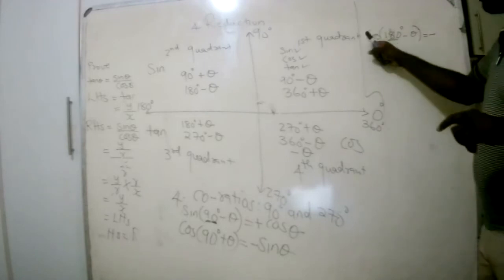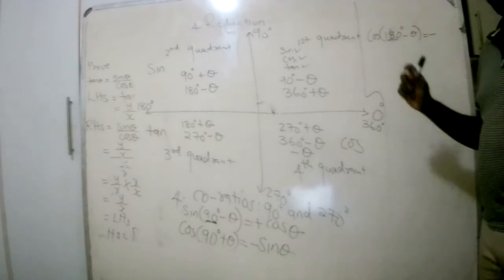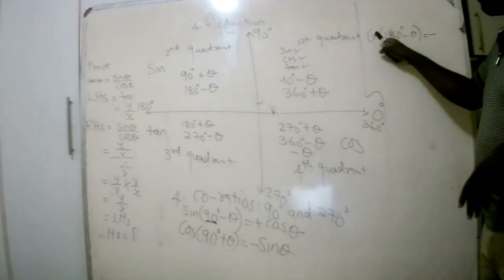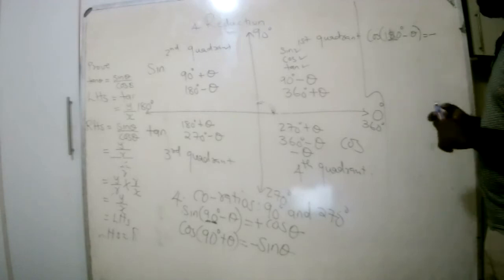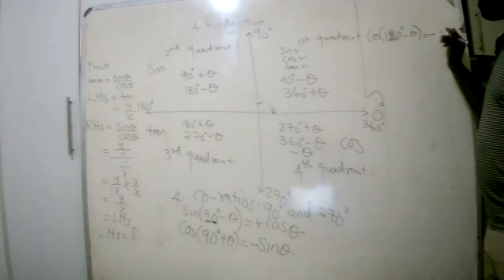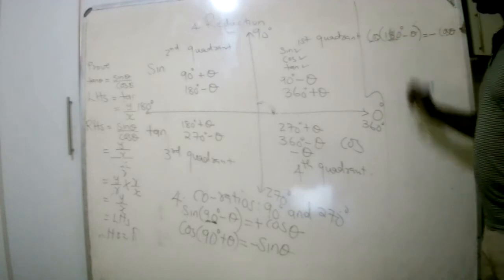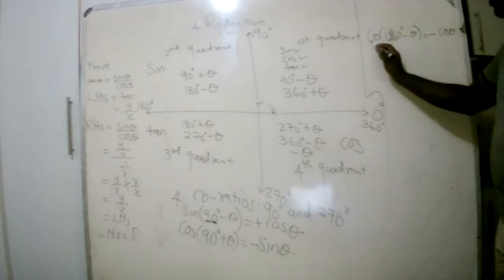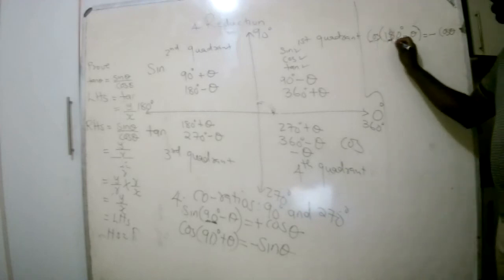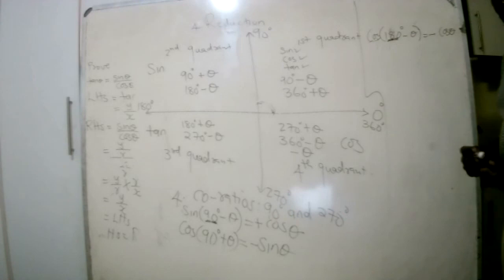They change cos to sine and sine to cos. But in this case, we have 180 degrees, so it's not a co-ratio. Therefore, cos of 180 minus theta is minus cos theta. Cos doesn't change because 180 is not a co-ratio.